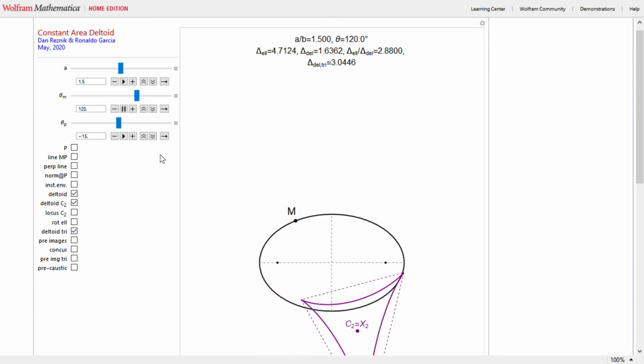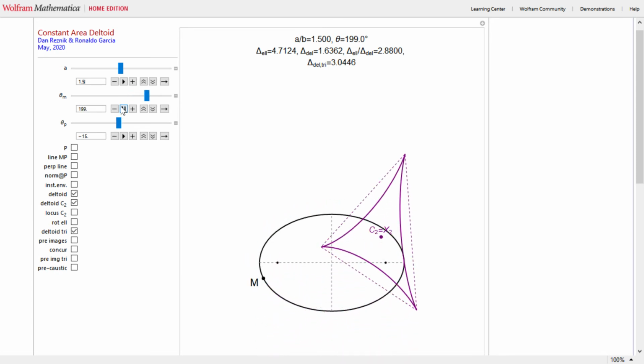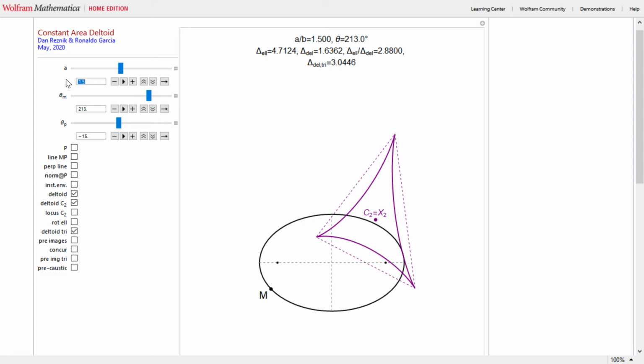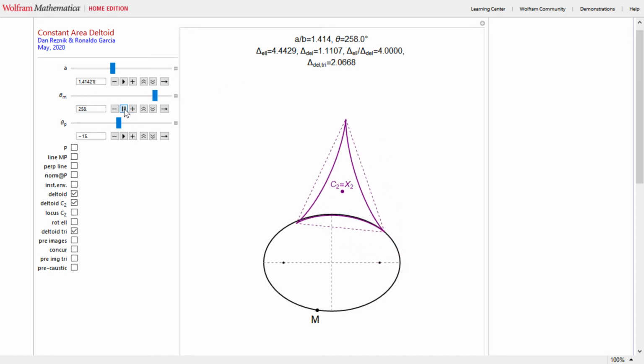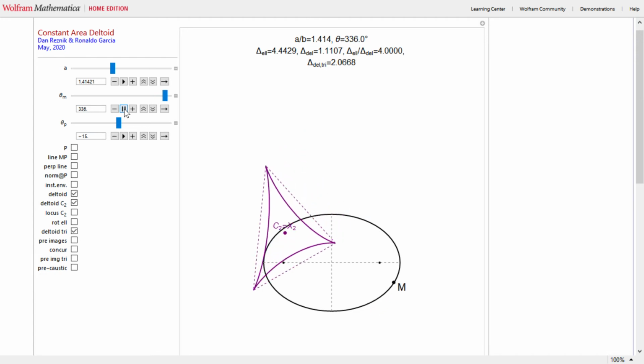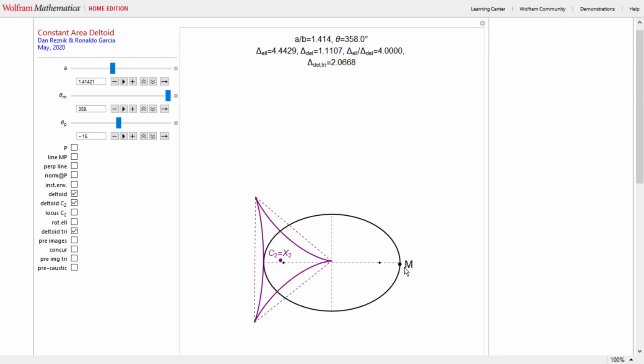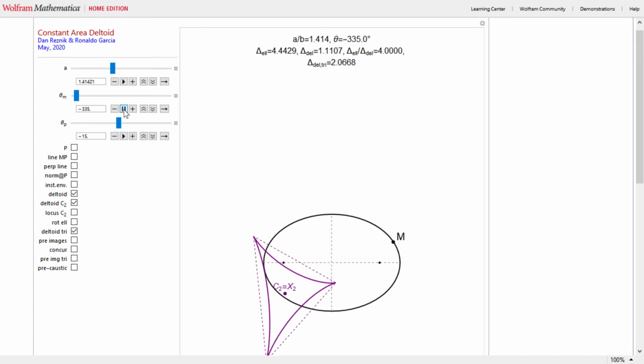That's pretty pleasing. Oh, I forgot to mention to you guys one thing with respect to square root of 2 aspect ratio. When we pick this particular aspect ratio, a very pleasing phenomenon happens. At this particular configuration, when M is one of the vertices, one of the cusps of the deltoid passes through or just pricks the center of the ellipse.